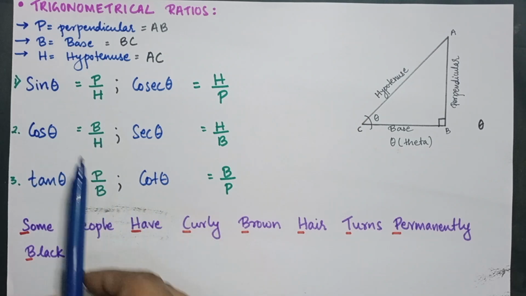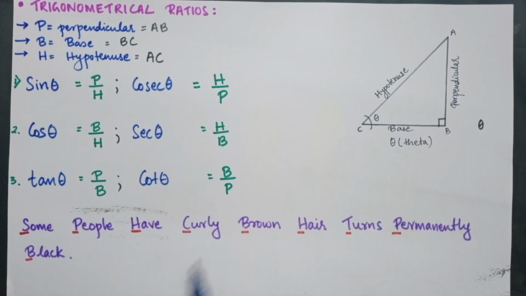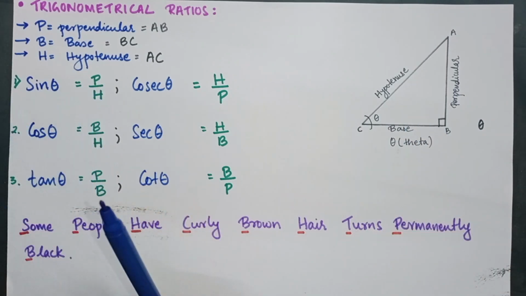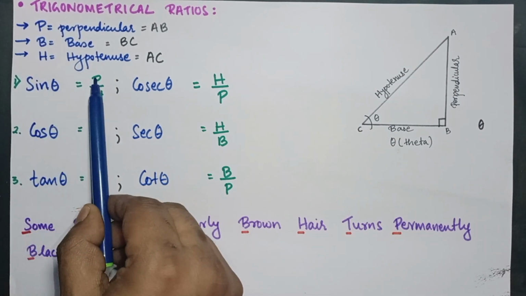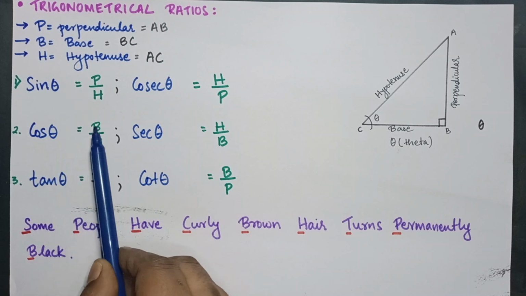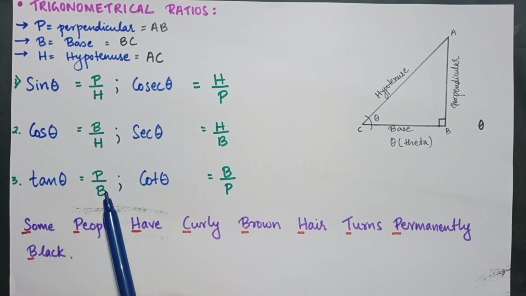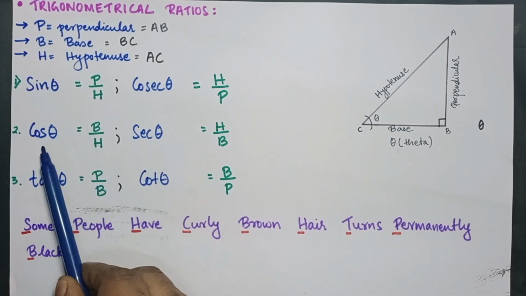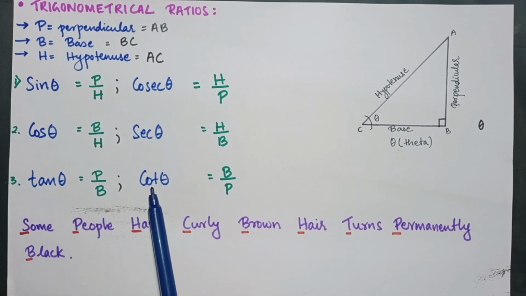They represent the ratio of any two sides of a triangle. So you can see P by H is sine theta. Again, say some people have curly brown hair turns permanently black, and you have to know the reciprocals. Sine reciprocal is your cosec theta, cos reciprocal is your sec theta, tan reciprocal is your cot theta.